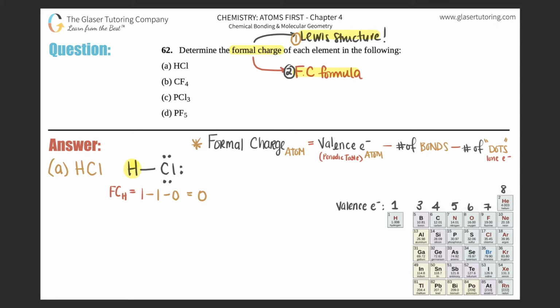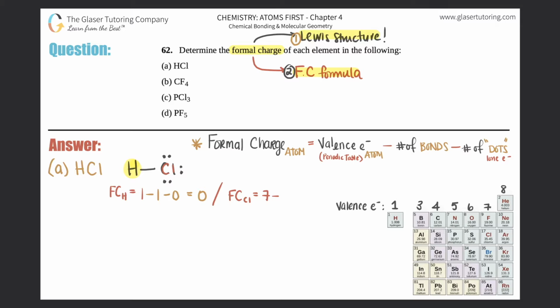Now let's do chlorine. Formal charge for Cl. Same type of procedure. Start with the valence electrons, which is on the periodic table. Chlorine has 7. So you'll start with 7 minus the number of bonds that you see for chlorine. If I look over, it just has the 1 bond.